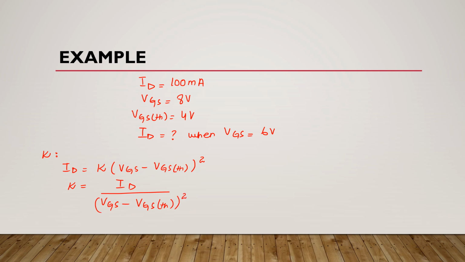Now if we put these values here, drain current is 100 milliamperes and gate to source voltage is 8 volts, threshold voltage is 4 volts, and we have to take their whole square. Okay, now after solving this, you will get 6.25 milliamperes per volt square. Okay, so this is the value of K here.